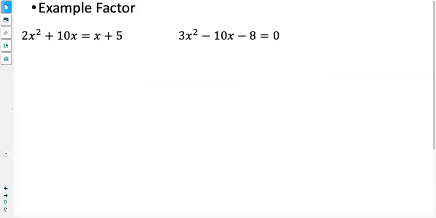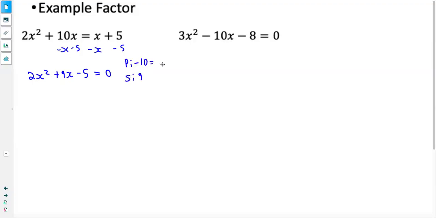So we'll look at the exact same examples and show how to do it using this other method. So we subtract x from both sides, subtract 5 from both sides. So that gives us 2x squared plus 9x minus 5 equals 0. Now with this, we once again have a product of 2 times negative 5, so negative 10, and a sum of 9.